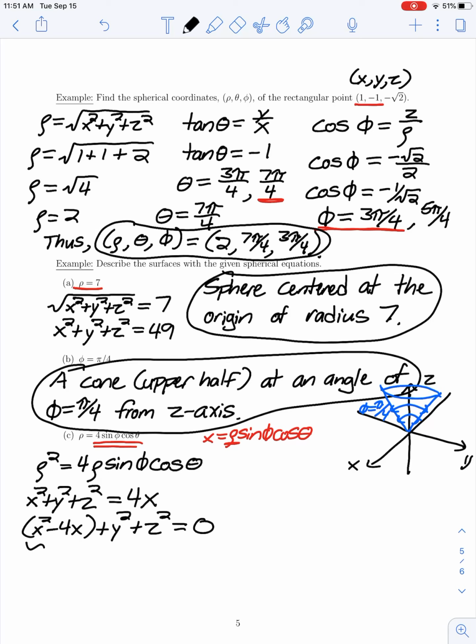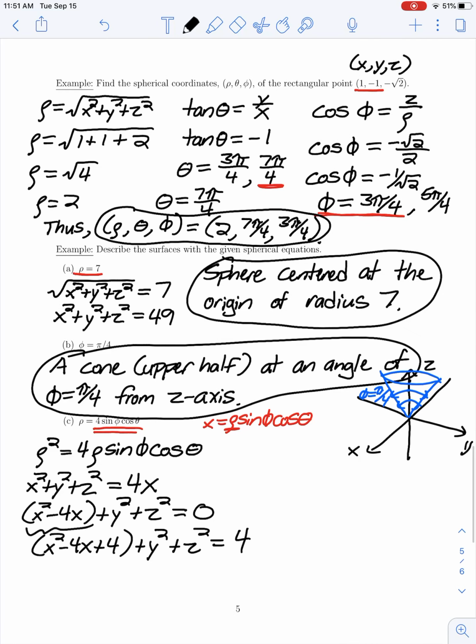And for this quadratic involving x, if I complete the square by adding 4, and the y and z quadratics are already perfect squares, then I would have the following equation. So again, by adding 4 on that left-hand side, I must also add 4 on the right-hand side of my equation to keep it valid.